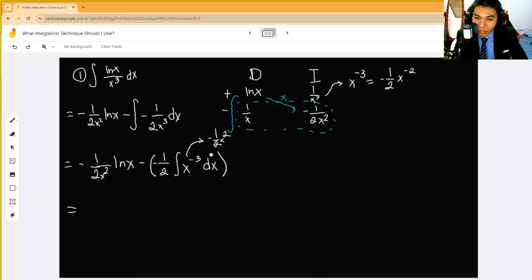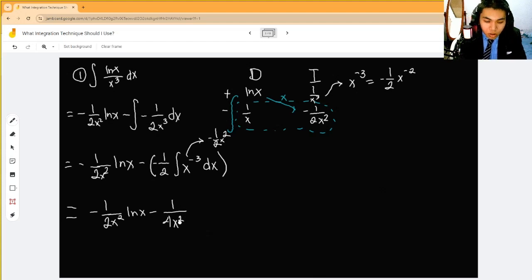Okay, so our final answer would actually be negative 1/2 x squared ln x, minus 1/4 x squared, and then we put plus c.